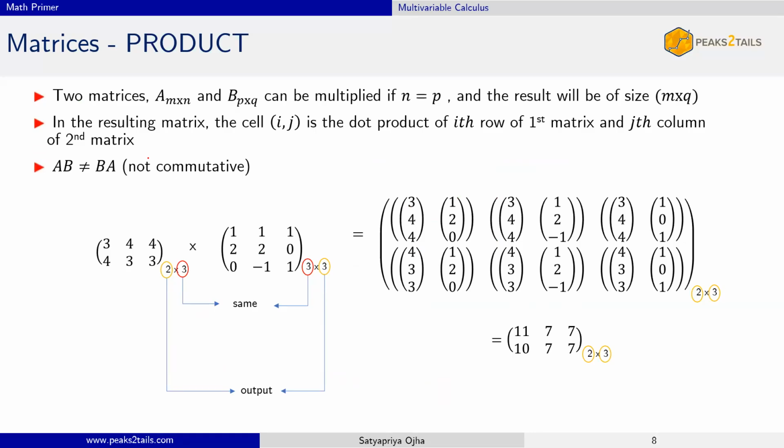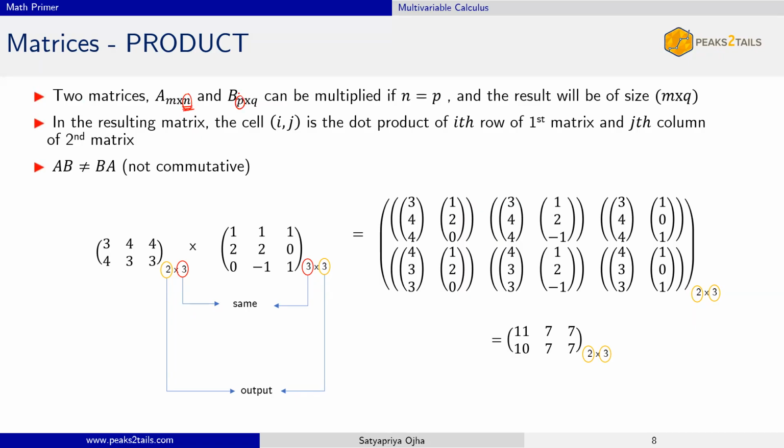Now, matrix product. So this is a little bit tricky, not something that I think you are new to, but just a quick revision. A and B are two matrices. They can be multiplied if and only if, if you look at the first matrix, N must match P. They should be same.